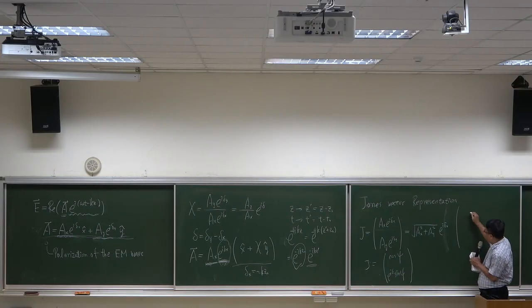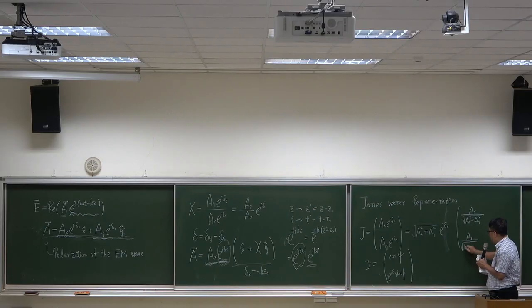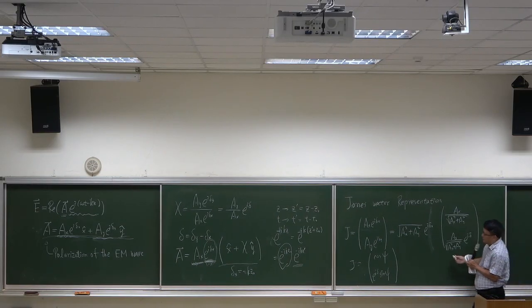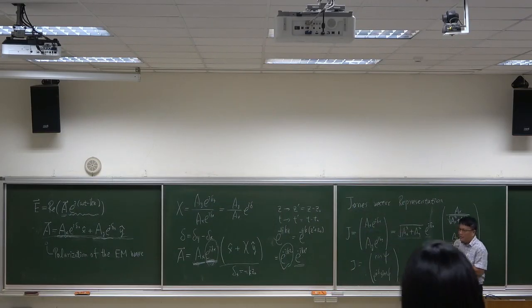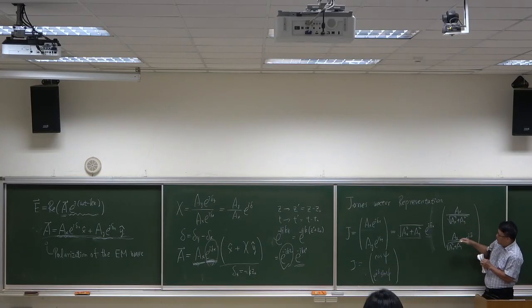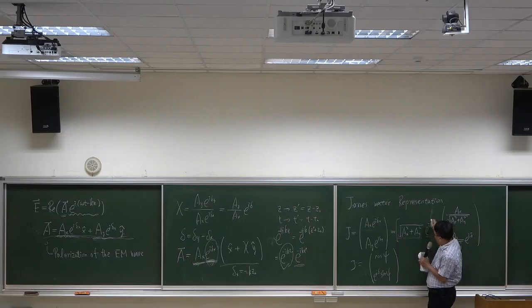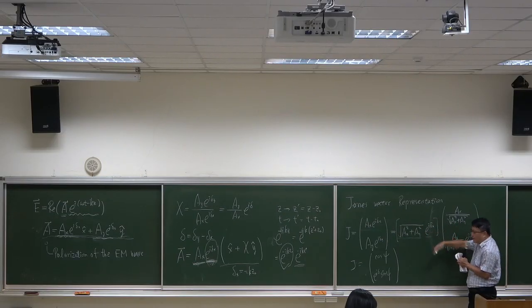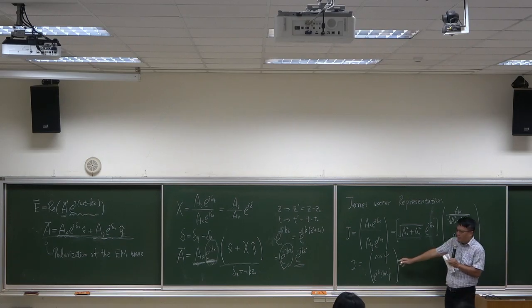Then we have A_x over the square root of this and A_y over the square root of this, times exponential i delta. We can factor out this factor, and then we can just drop this factor to obtain this expression.